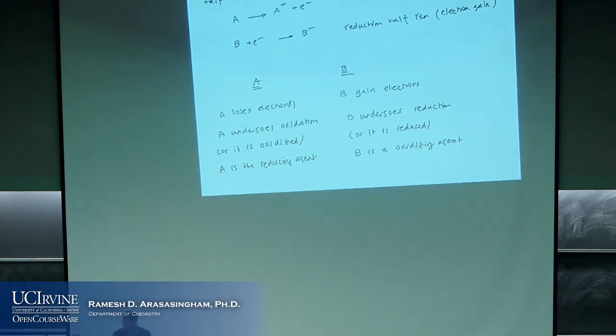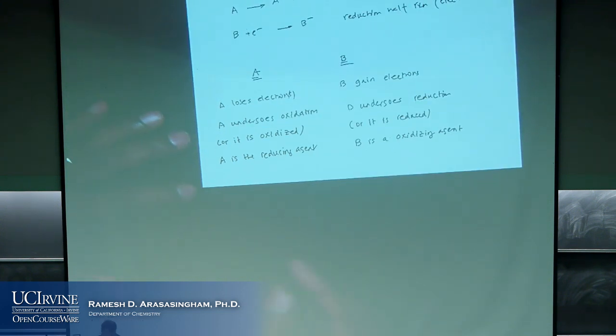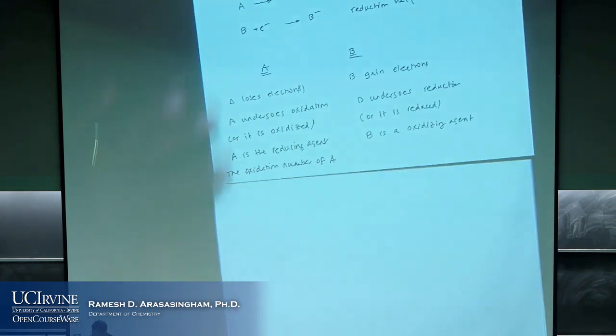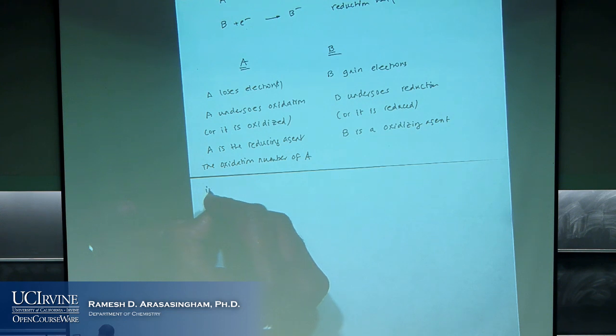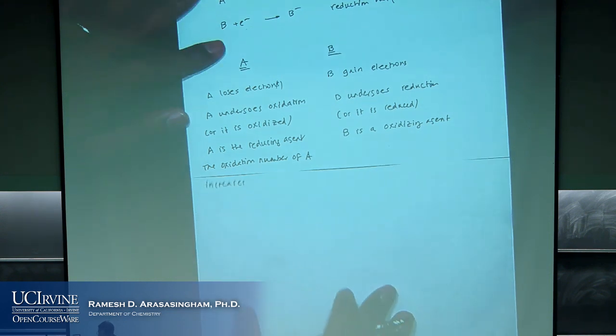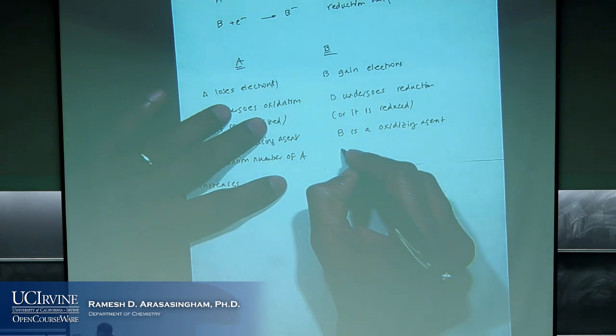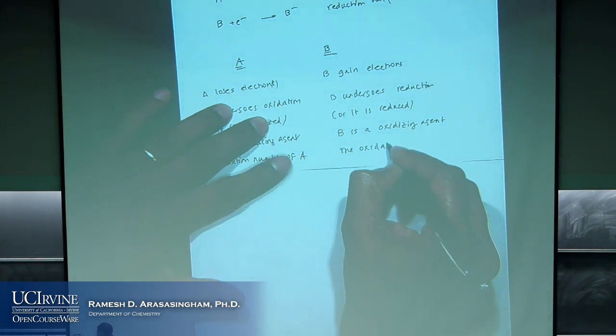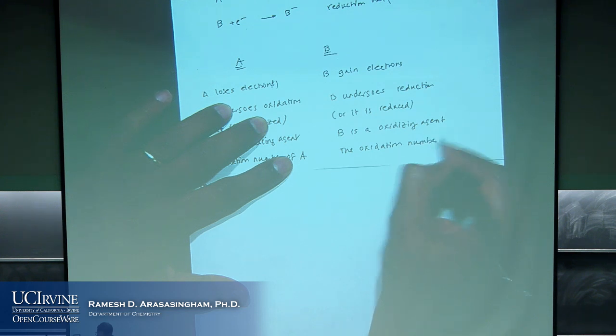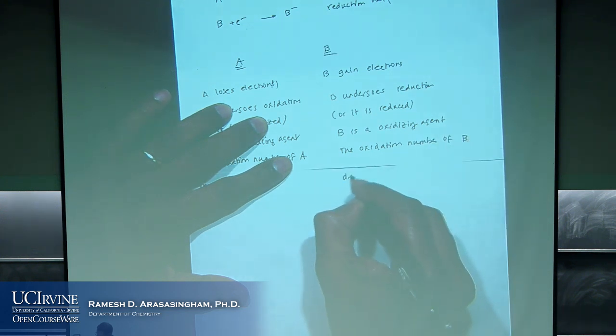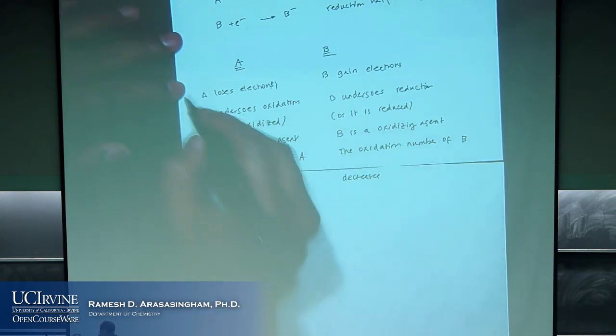Whenever a substance undergoes oxidation, the oxidation number of A increases. And if B is undergoing a reduction, the oxidation number of B decreases. So these are important points to remember.